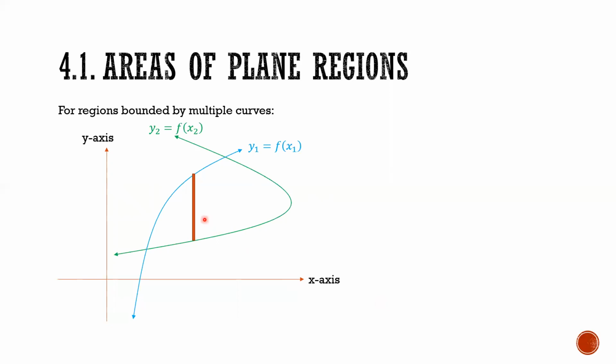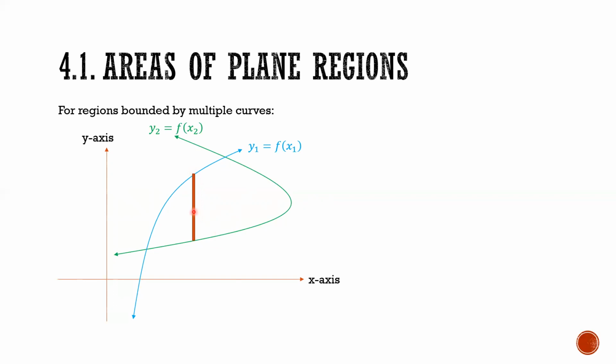However, it is important that we consider the fact that there should be a consistent upper and lower bound of a particular strip. So for this example, since we are considering a vertical strip or vertical rectangular element, it is important to note that the lower end and the upper end should have a consistent type of curve.